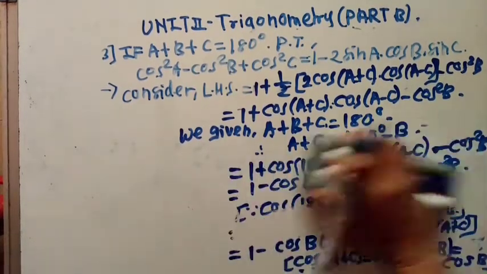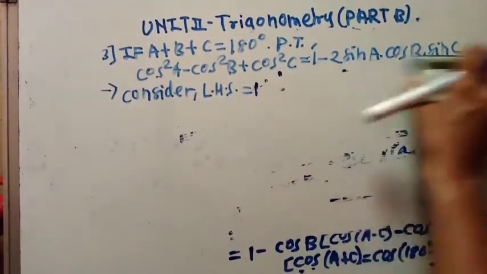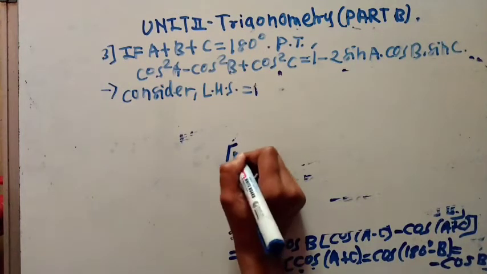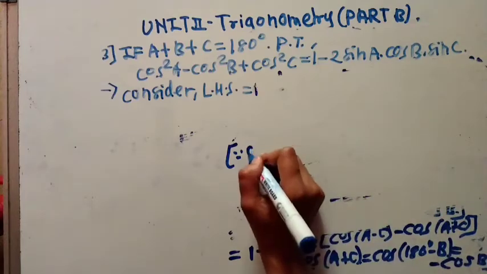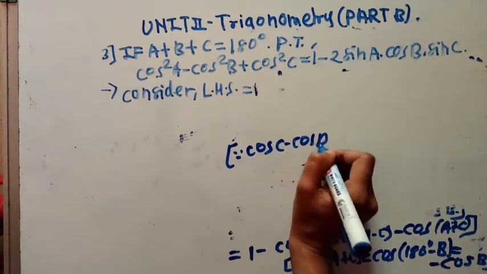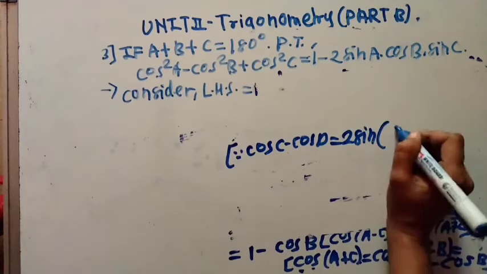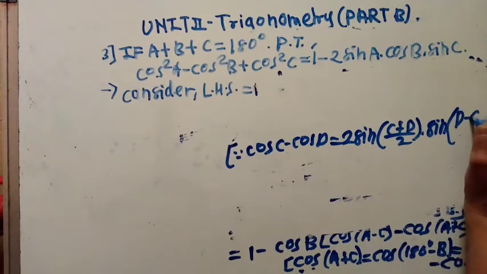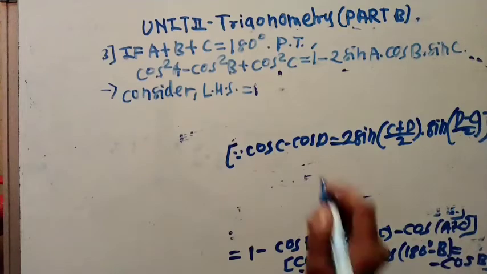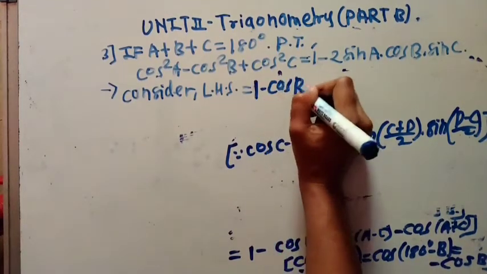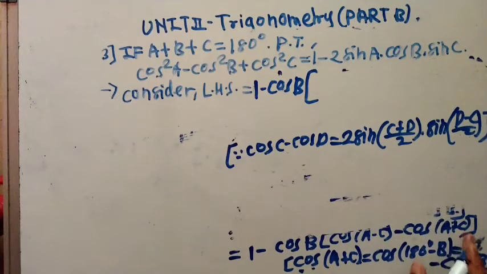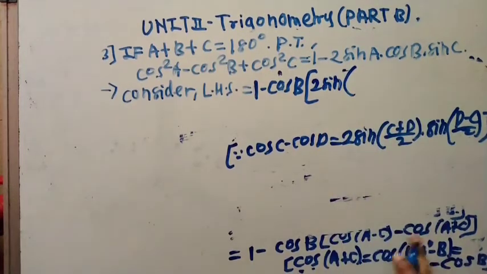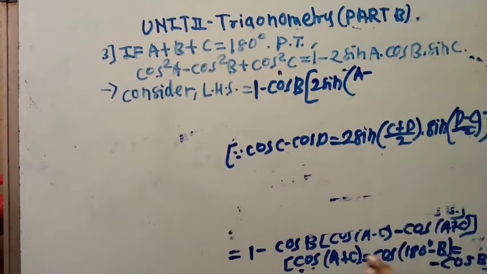Here we use the formula cos c − cos d is equal to 2 sin((c + d)/2) into sin((d − c)/2). So here we have 1 − cos b, and cos c − cos d means c is a − c, so 2 sin((c + d)/2), which is (a − c + a + c)/2, means a.